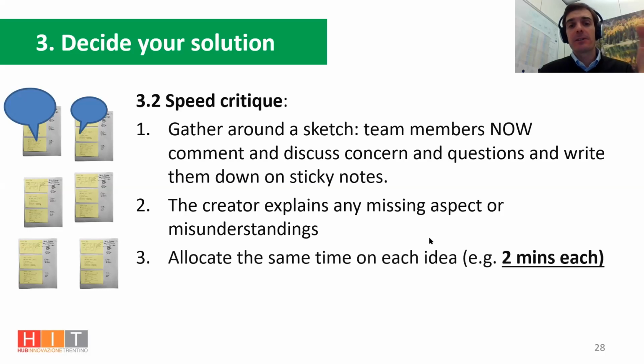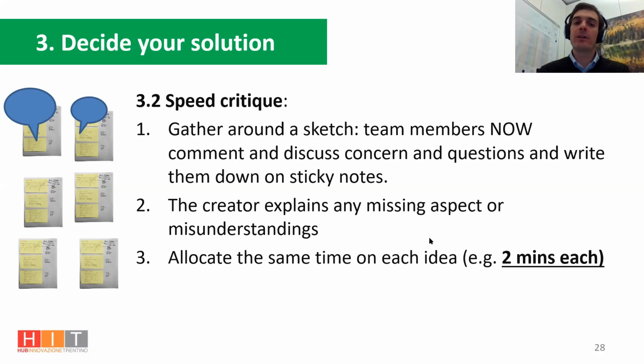The important thing is that you need to allocate the very same time to carry out the speed critique over each idea, and you will probably not have much time. So we are talking about some 2 minutes on each idea, maybe 3 minutes, okay? You are free to decide how much time to allocate, but you have to be fair. You have to allocate the same time on all the ideas.